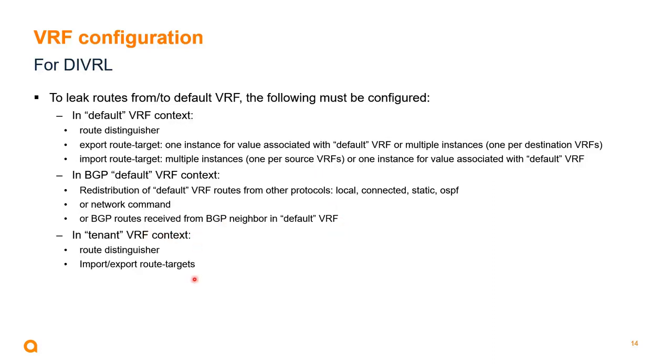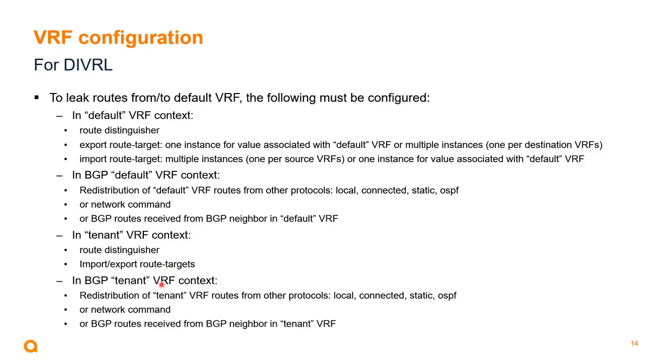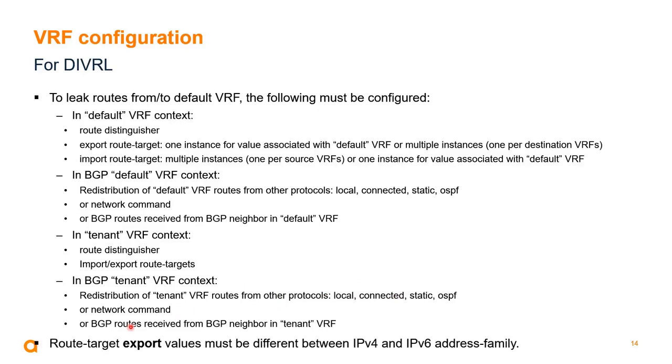For the tenant VRF, it is exactly the same, symmetrical way. You need to define a route distinguisher, import and export rules, and have those routes in the tenant VRF coming from other protocols, for instance, or through BGP directly.